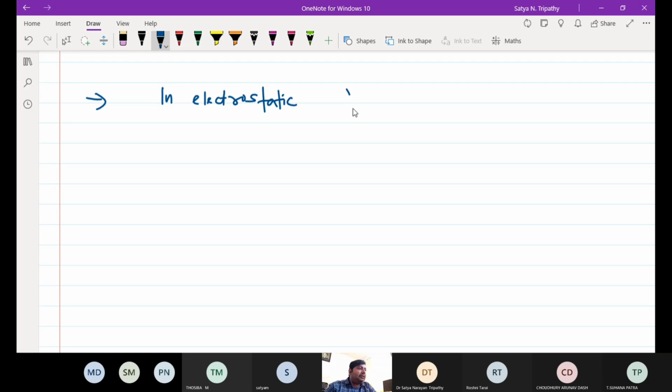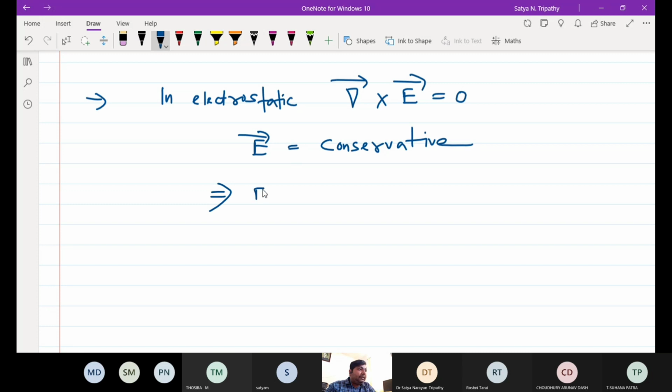In electrostatics, del cross E is equal to 0 because E is conservative.